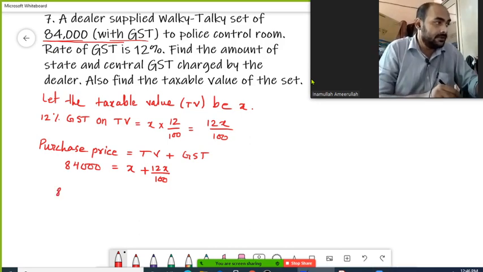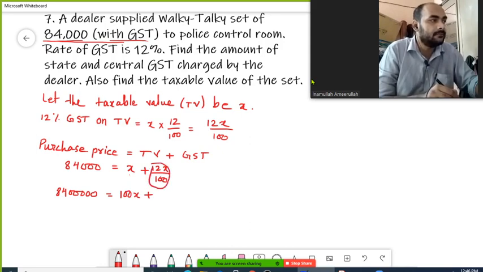So this 84,000 will increase by 2 more zeros. This x will become 100x plus, when we multiply 100 with this term, the 100 from the denominator will cancel and we will be left with only 12x.